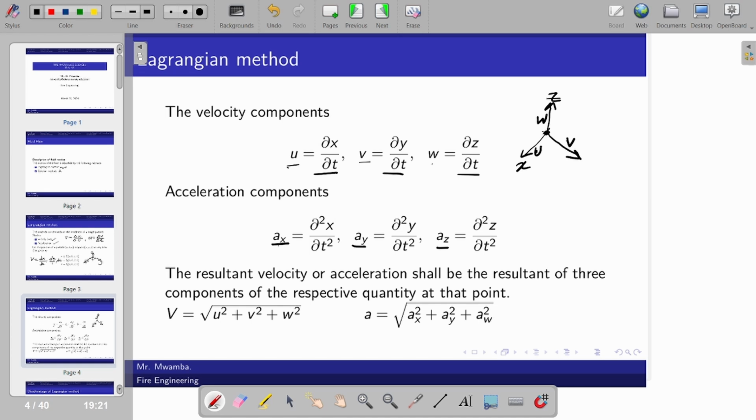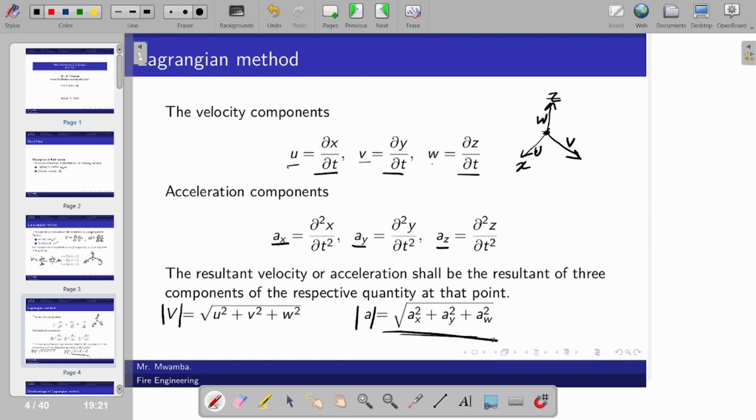So the resultant velocity, given the velocity components u, v, and w, will be given by the square root of the sum of the squares of all these components. The square, then the square root. This can also be written like this to show that this is a resultant. The resultant acceleration is likewise the square root of the sum of the squares of the acceleration components.